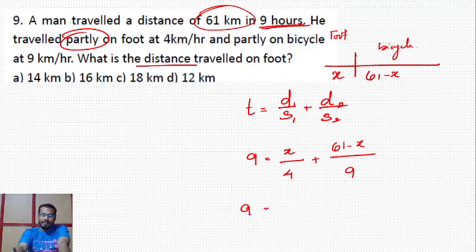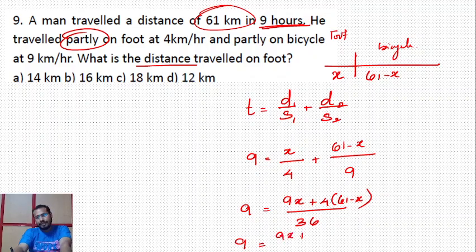So now we are going to solve this problem. What is the LCM of 4 and 9? 36. So 9x plus 4 into 61 minus x, correct? In the next step, 9 is equal to 9x plus 4 times 61, which is 244, minus 4x, all divided by 36.